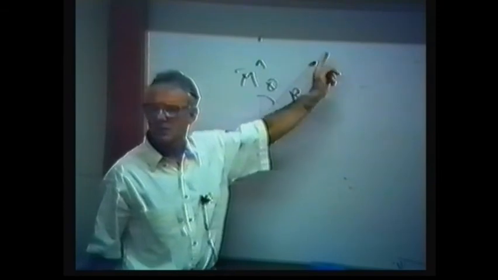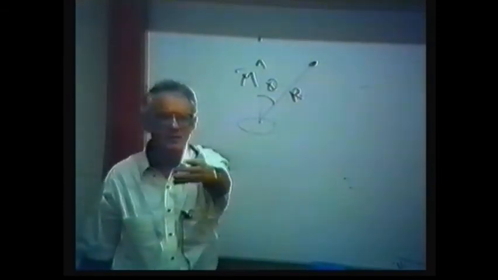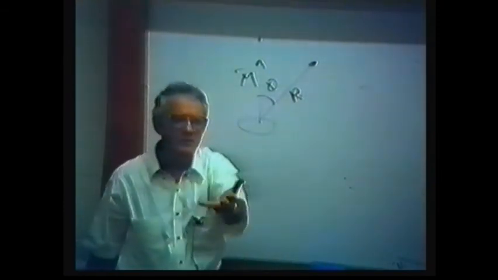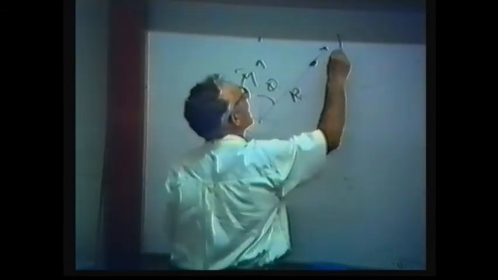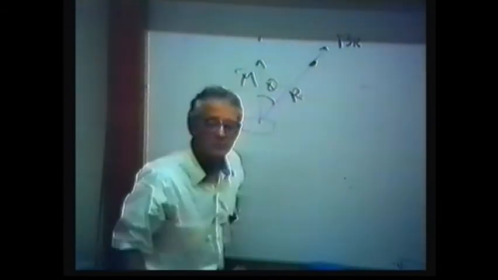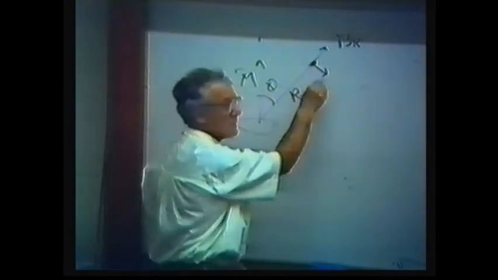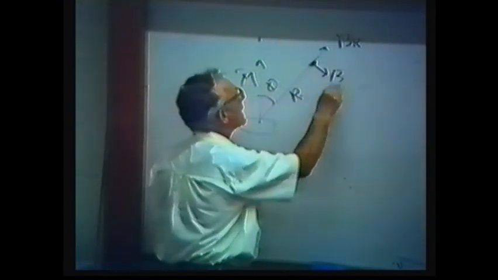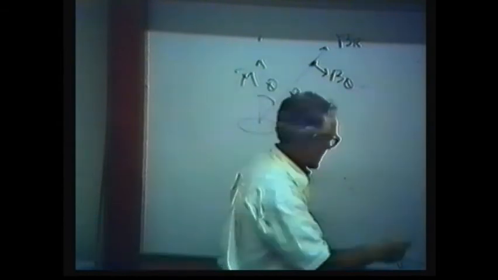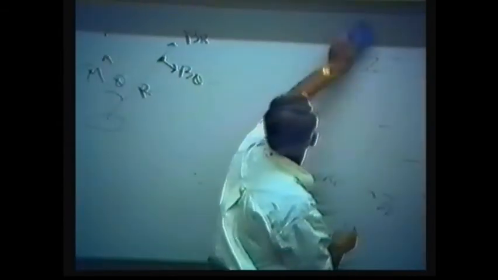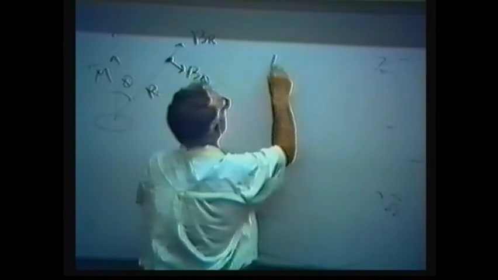Two. Which one of them is the radial component? B_R. Another? B theta. So let us write the expression. B_R and B theta.